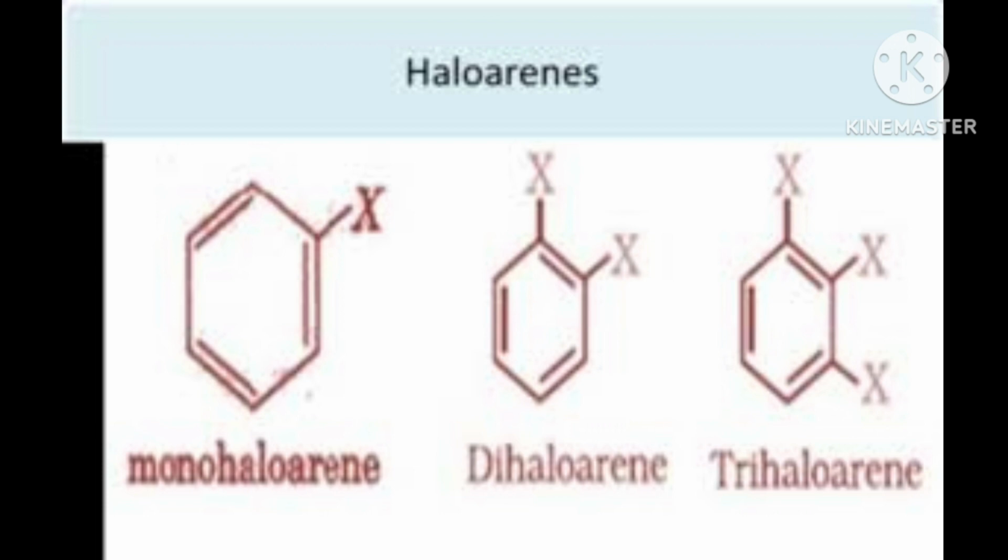Now suppose the carbon to which X is attached is attached with two carbons, correct? Maybe another alkyl group is attached, maybe a methyl group. Suppose in the beginning ethyl was attached, one hydrogen was replaced with one alkyl group like ethyl.